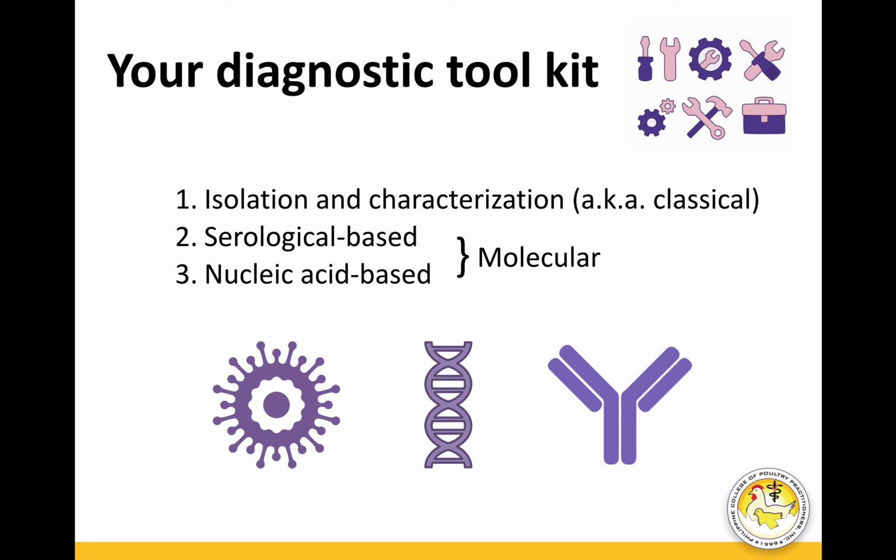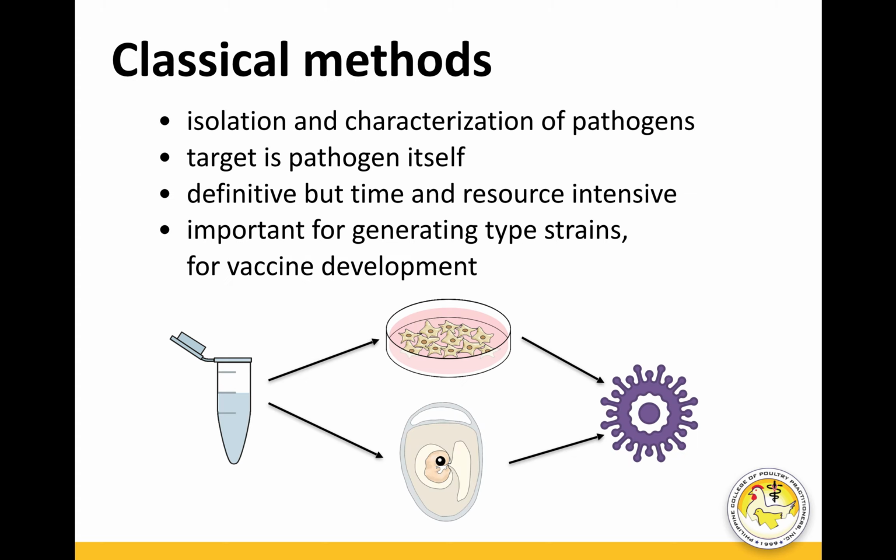The other two are molecular based, so they're looking at portions of the actual biological agent, and it can be serological based, in other words, based on antibody-antigen interaction, or nucleic acid based, so based on genetic material. We'll discuss more on that as we go along in the presentation.